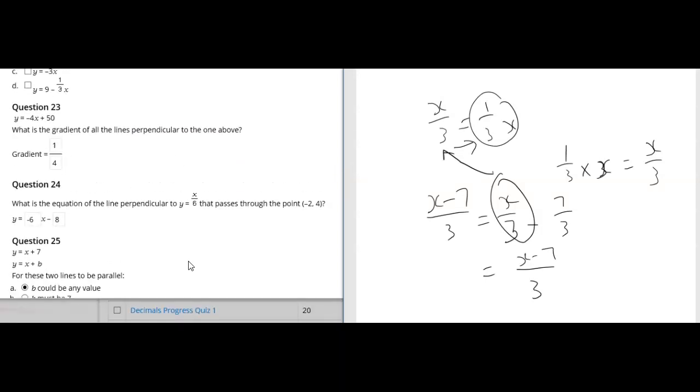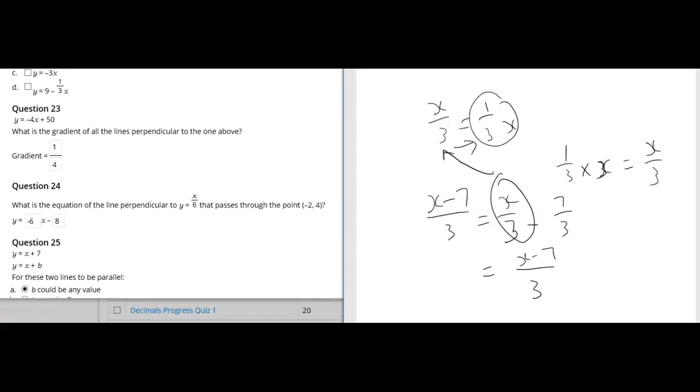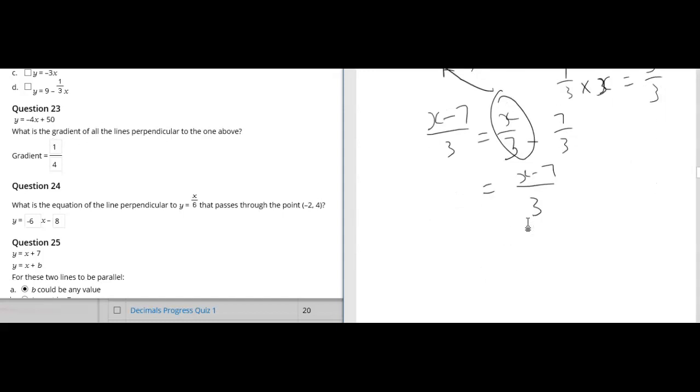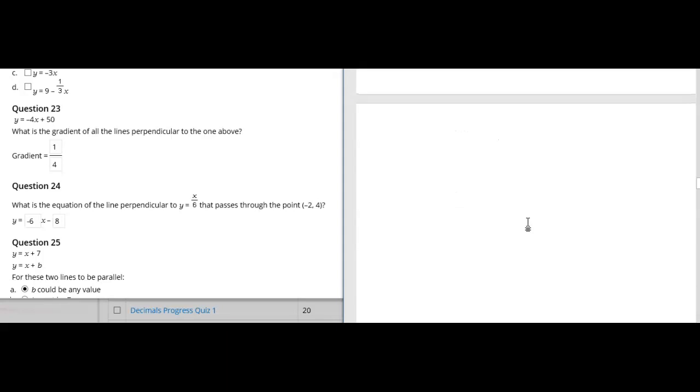All right, question 23. What is the gradient of all lines perpendicular to the one above? So the gradient is -4. If you've got a line that is perpendicular, so question 23, our gradient is -4. So the gradient of the first line is -4.